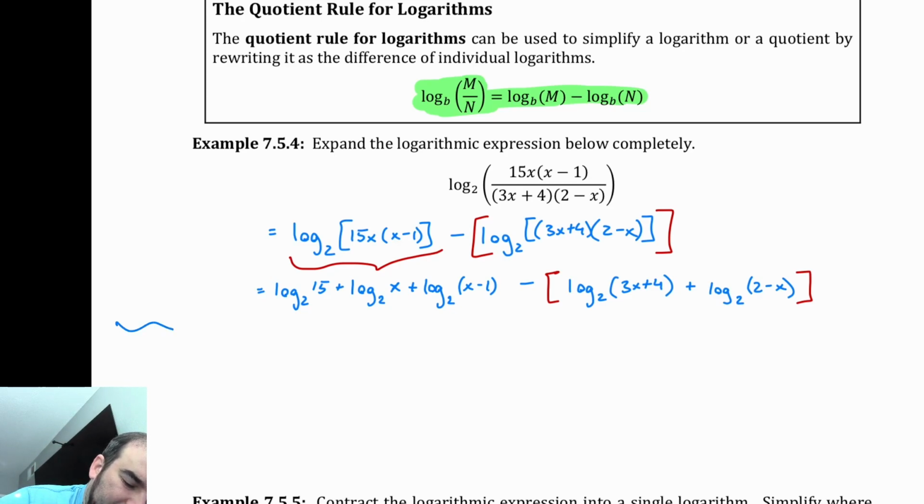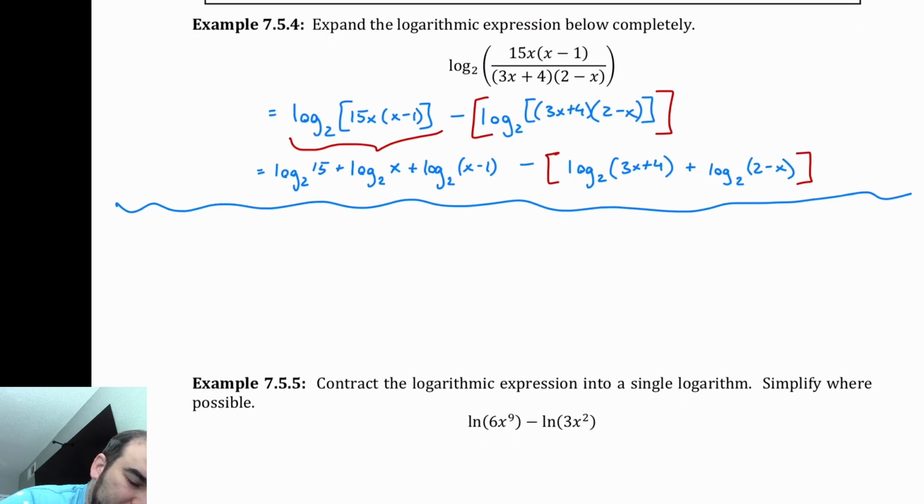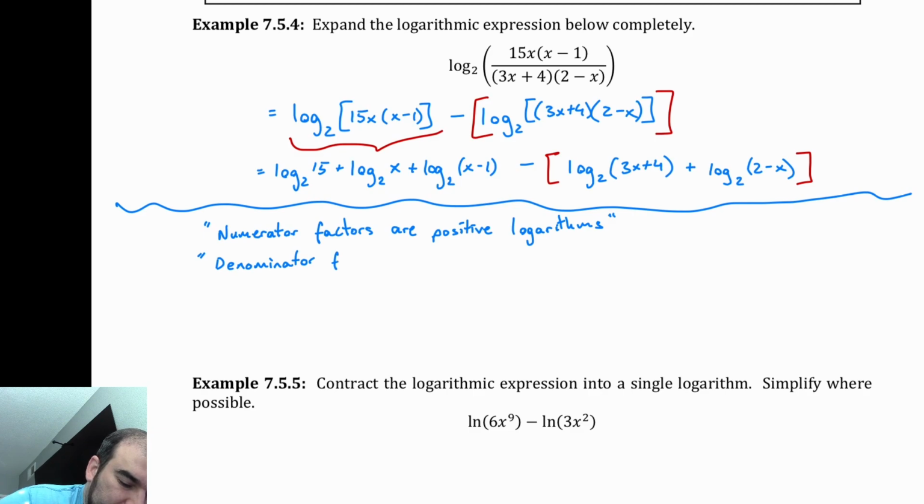You can kind of avoid doing all that work if you expand in one step and follow the rule of numerator factors are positive logarithms and denominator factors are negative logarithms.